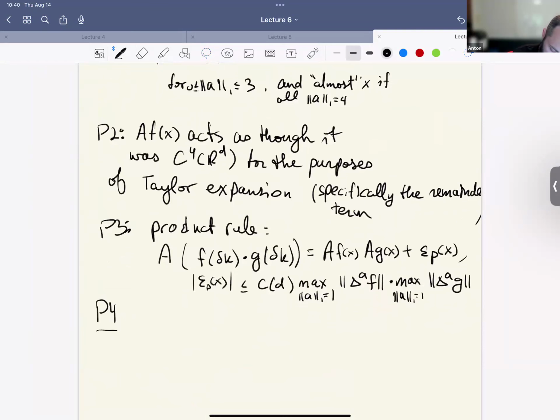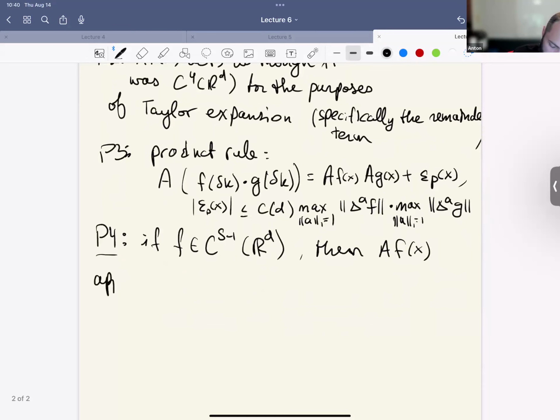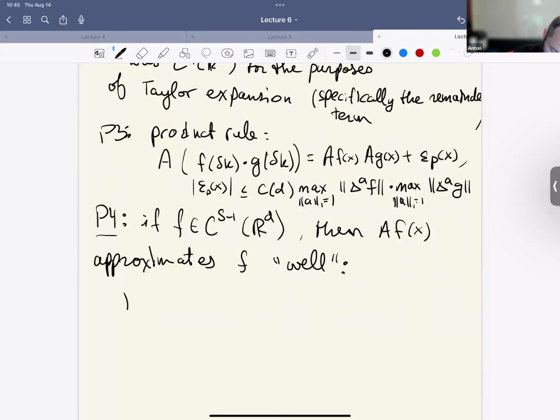And property number 4, basically if f is already a C^(s-1) function, so if it's already defined on the continuum, then Af of x approximates f fairly well, in the sense that Af of x minus the function itself is bounded by delta to the power s.